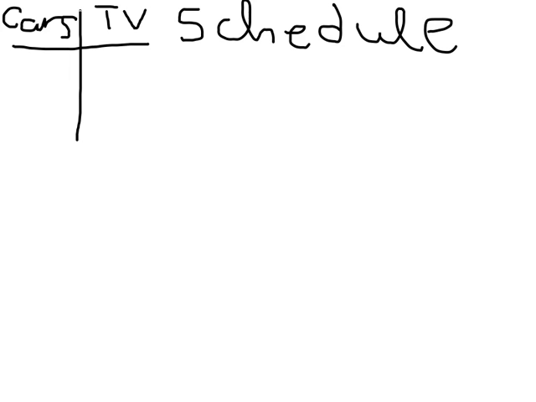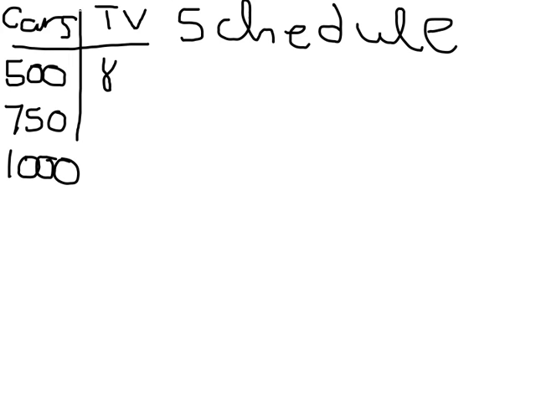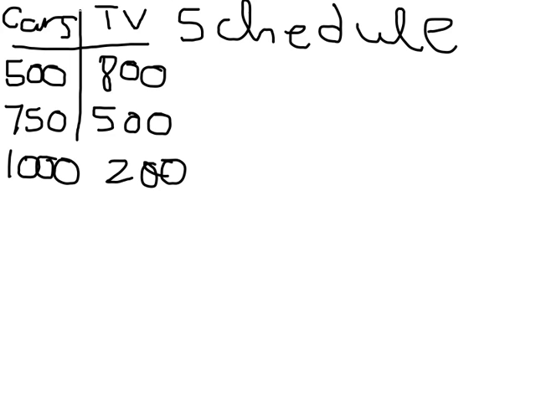It can only look at two items at any given time. So let's say this company produces that many cars at any given time. And they produce that many TVs at this snapshot moment in time.